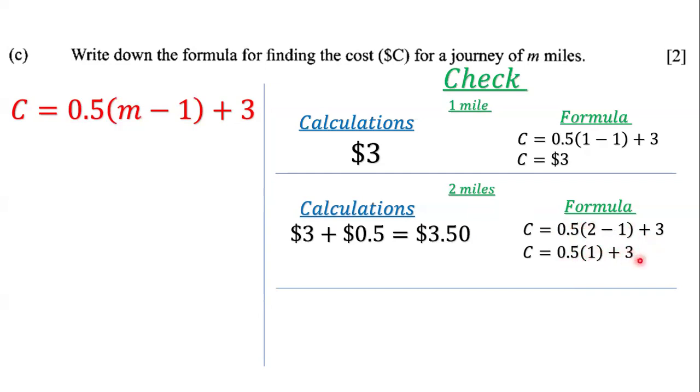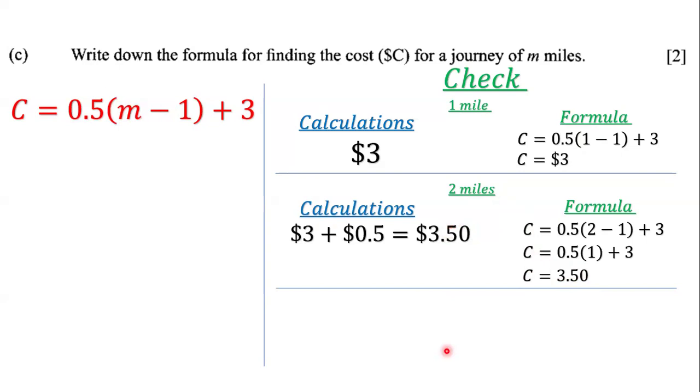Now, what is 0.5 multiplied by 1? Well, 0.5 multiplied by 1 is just 0.5. And so we have 0.5 plus 3, and that gives us $3.50. So that means that the cost for 2 miles is $3.50, which is the same thing that we got when we did it using the calculations.